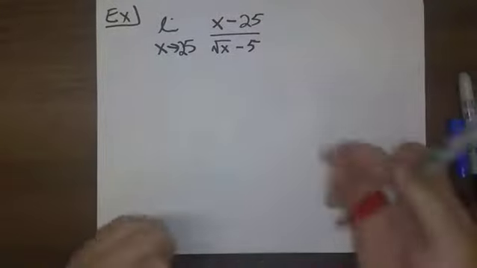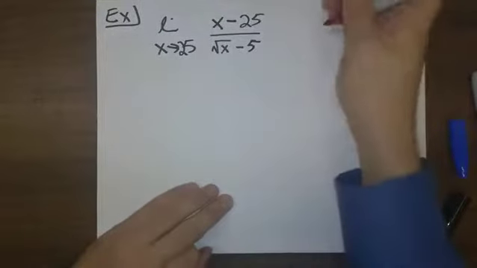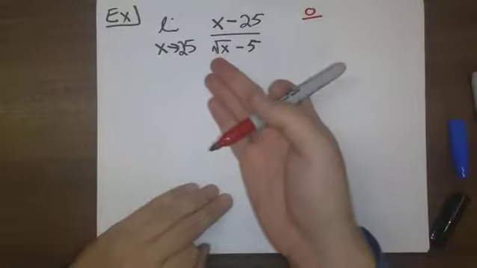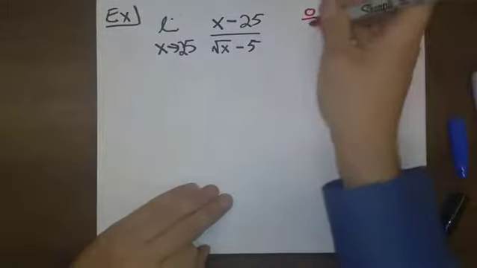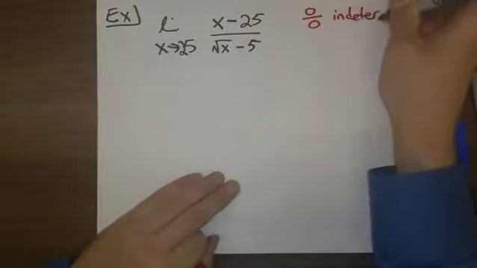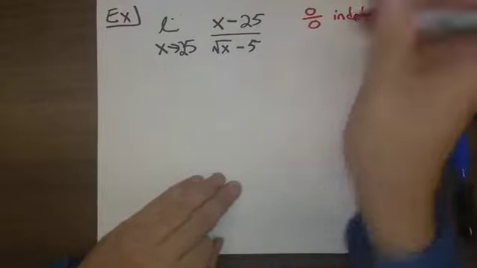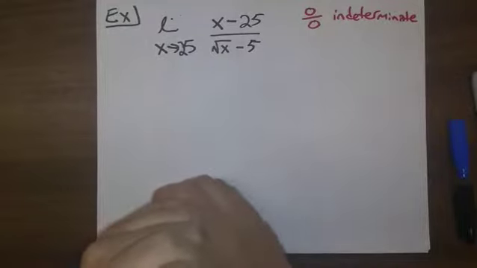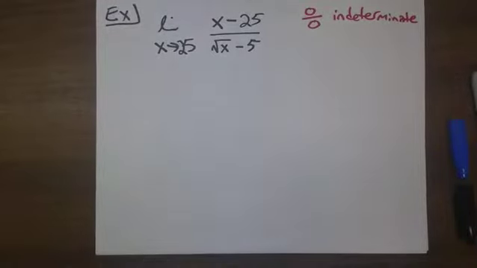So realize what happens when we plug in 25. We get 25 minus 25 is 0 over square root 25, which is 5, 5 minus 5 is 0. So indeterminate form. So once again, we should be thinking about how to do some algebraic manipulations here. So take a moment, think about how you might handle this.